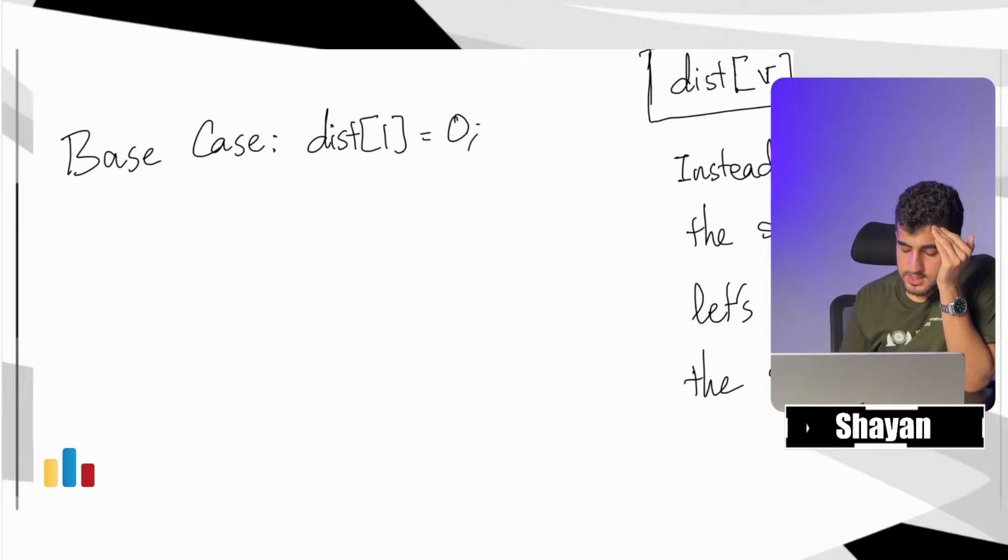So the point is that I can start from vertex 1 and I can put all the neighbors of vertex 1.